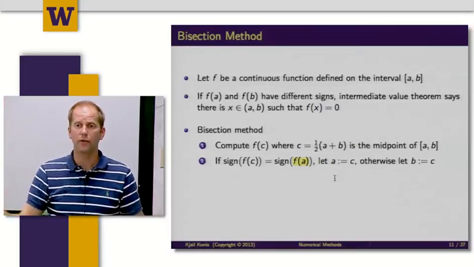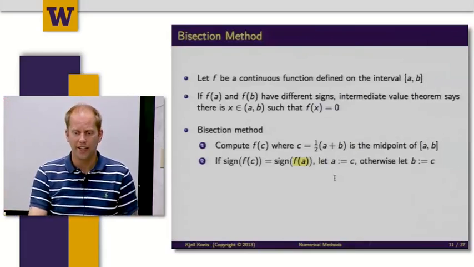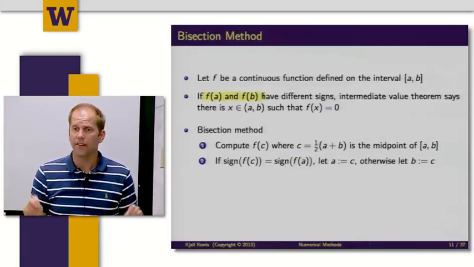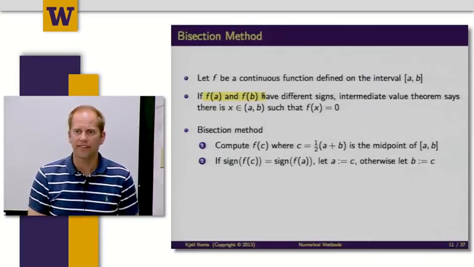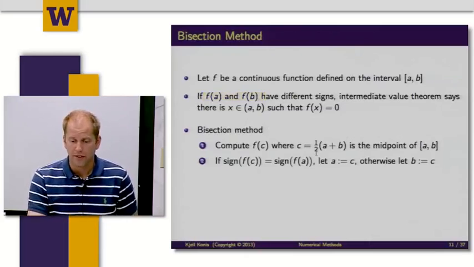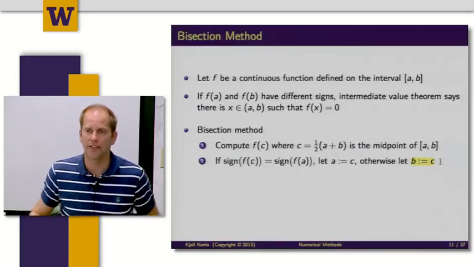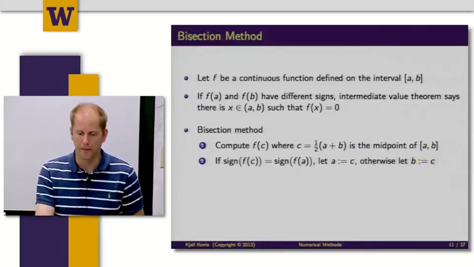I now have a new interval that's half as wide, and it still has the property that the function evaluated at the endpoints has different signs. And if the signs are not the same, then I just chop off the other half of the interval. I have a picture on the next slide that will hopefully make this a bit more clear.